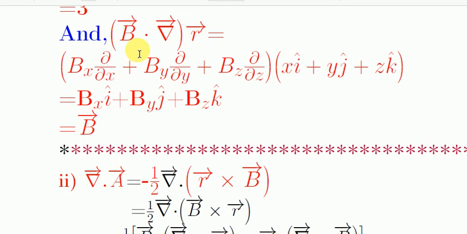And the next, B dot del times R, where B is the uniform vector or constant vector.